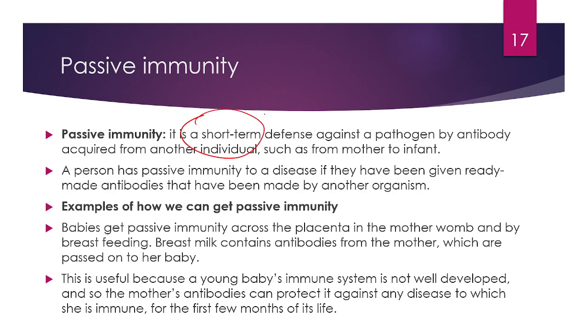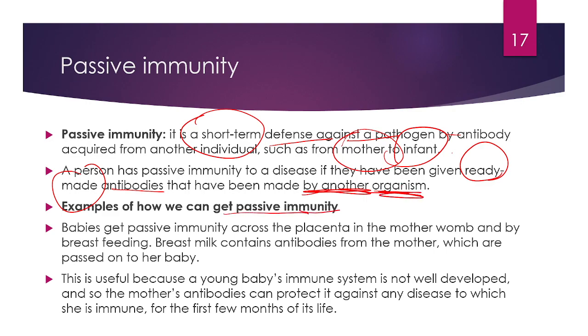Passive immunity is the temporary defense against a pathogen by antibodies from another individual, such as a mother to an infant, both in the pregnant stage and the first few months of the baby. A person has passive immunity to a disease if they have been given ready-made antibodies that have been made by another organism. How can we get passive immunity?